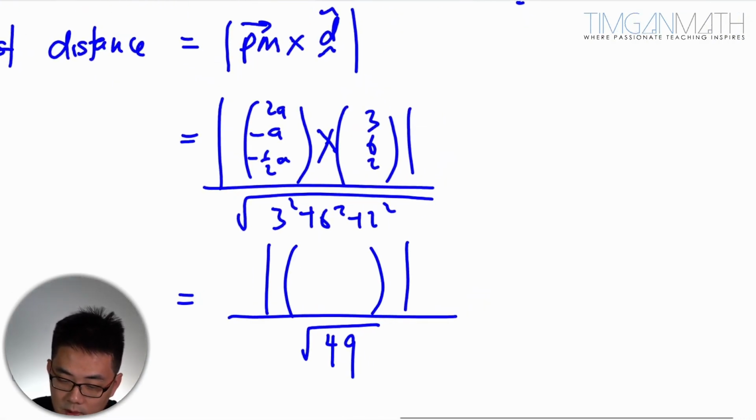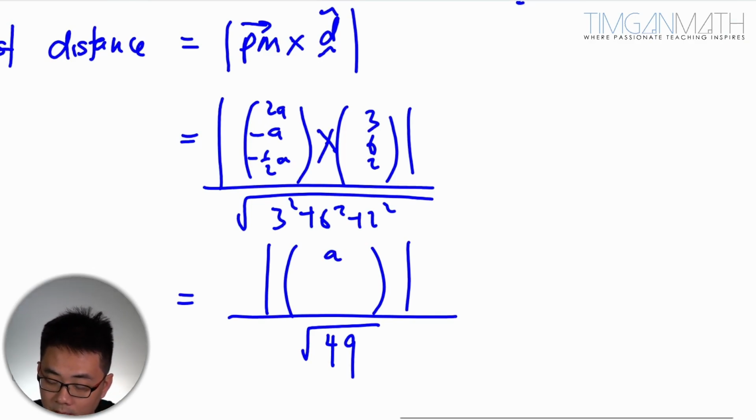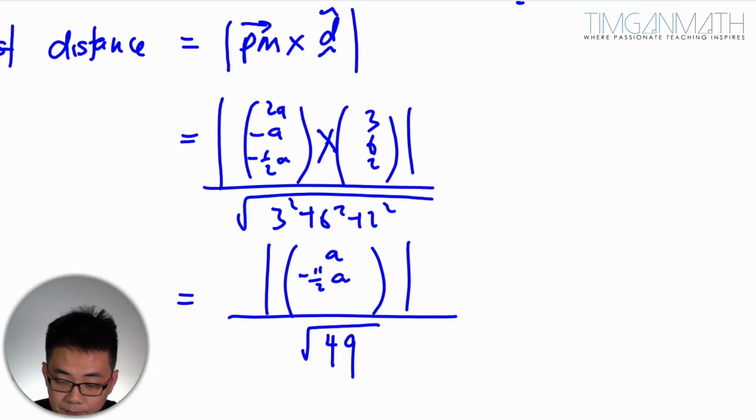I'm going to do a cross product for the vectors on top. So this is minus 2 plus 3, that will be A. Then we got 4 plus 3 over 2. This is just a normal cross product here. If you're not too sure, please refer to this.